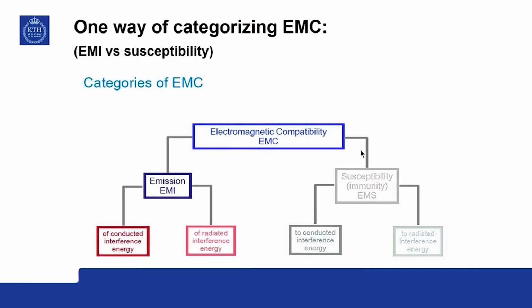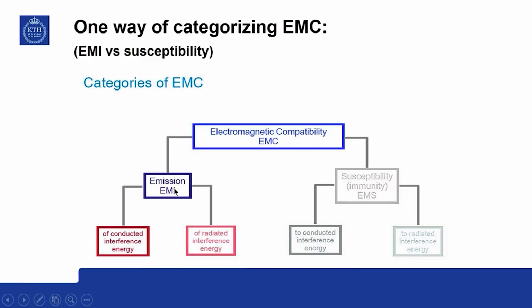So, there is another way of categorizing EMC in terms of electromagnetic interference, that is from the source side versus susceptibility from the victim side. Say there is an emission of conducted interference energy or radiated interference energy which may disturb a system. Or, if you are designing a system for a very harsh environment, you can approach it another way. Here you try to minimize emission to achieve EMC.